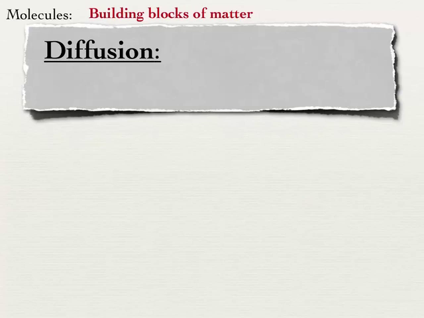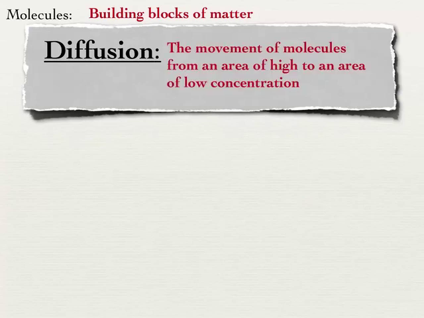And diffusion has to do with how molecules move. So the definition of diffusion, which you're going to have to know, is movement of molecules from an area of high concentration to an area of low concentration.